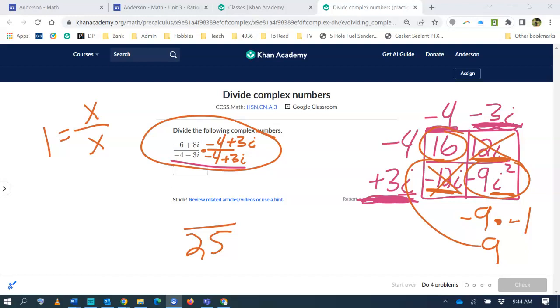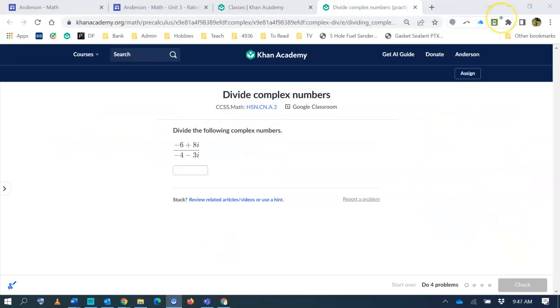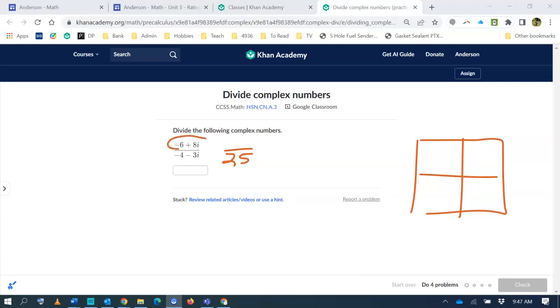So I'm going to actually erase all this work and do the numerator now. So our denominator is 25. Okay, so we know our bottom is now 25, and our top is now going to be a multiplication of -6 plus 8i and our conjugate of -4 minus 3i, which was -4 plus 3i.